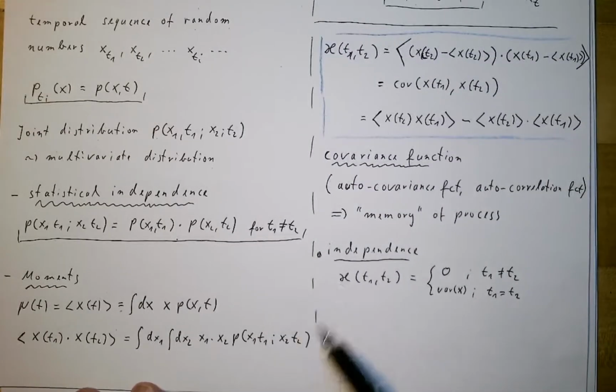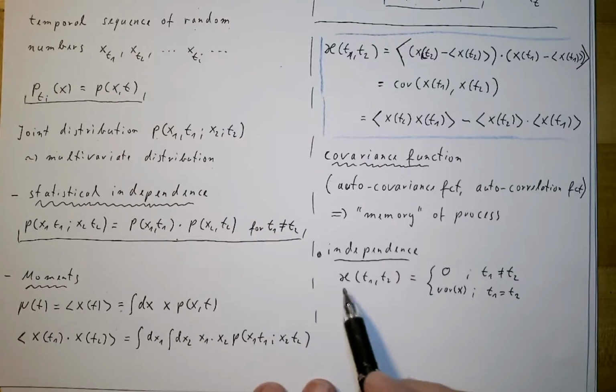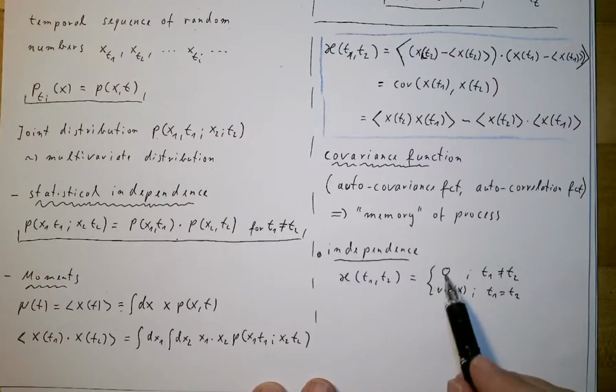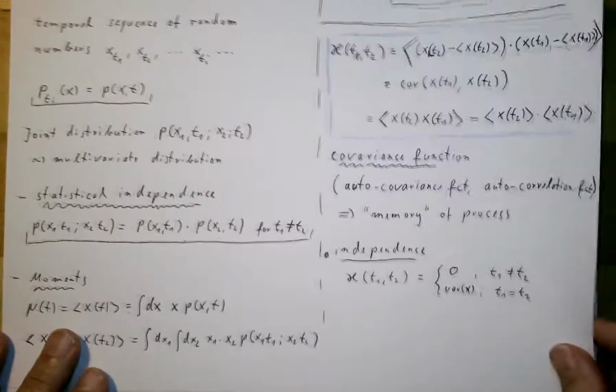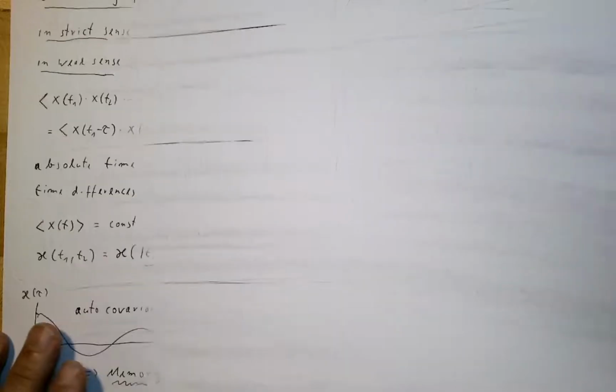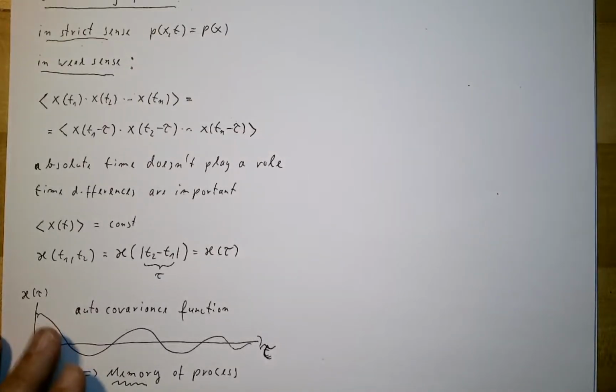If we now have independent random numbers, then we said this kappa is either 0 or equals the variance, depending on whether the time points were different or equal. So now what's happening if we have independent and stationary random numbers?